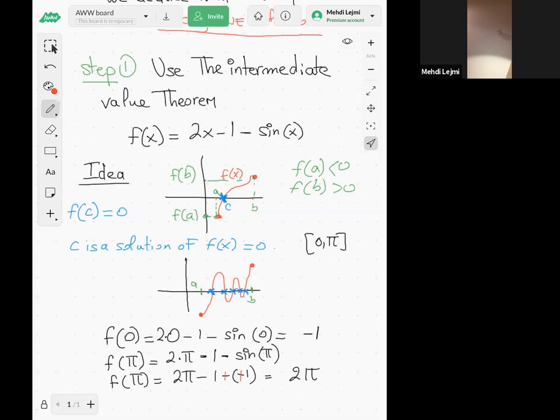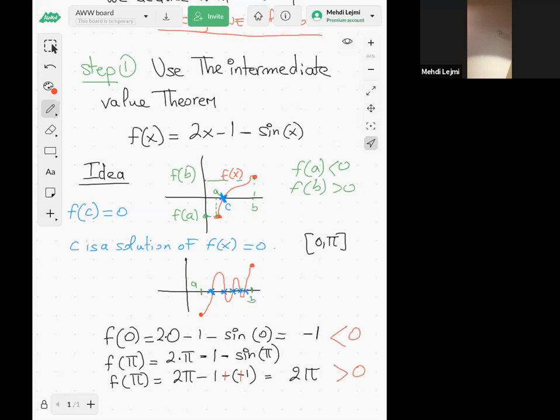So you see f of 0 is negative and f of pi is positive. So you go from negative to positive. It means that you're going to cross the x-axis at least one time. And if you cross the x-axis, it means that you have a solution of f of x equal to 0, right?